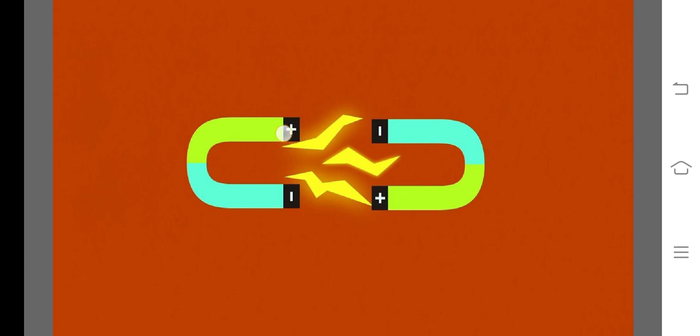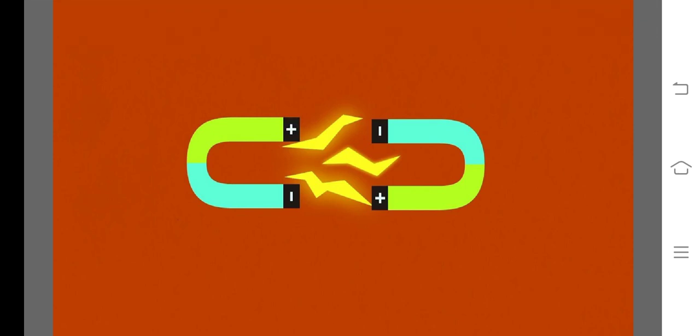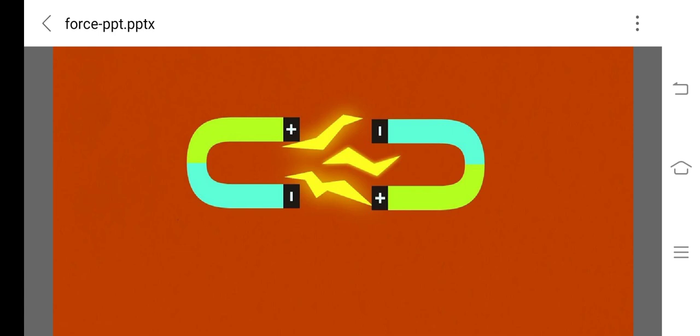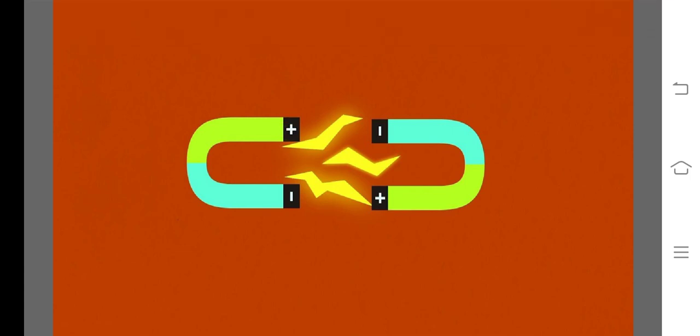So here in the upper, positive and negative. If it is positively charged and negatively charged, the force will be attracting to each other. They will attract to each other. But if they have the same charges, just like positive, positive, or negative, negative, they will have repulsive force.